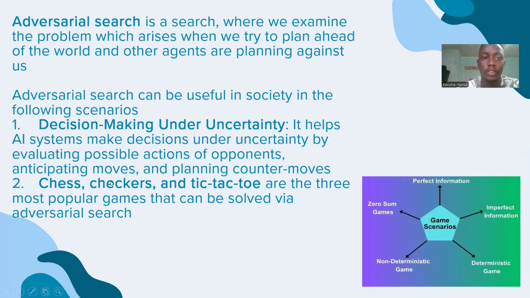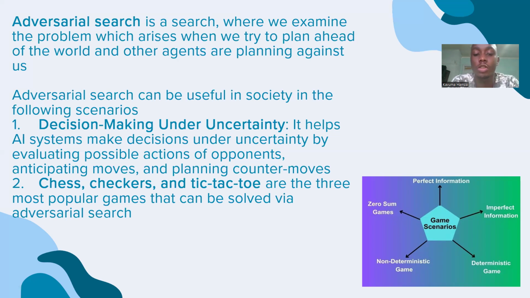So adversarial search is a search type where a problem arises when we try to plan ahead in a world where other agents are planning against us. Adversarial search can be used in society in the following scenarios, such as decision making under uncertainty, which helps AI systems make decisions under uncertainty by evaluating possible actions of opponents using tree searches and tree graphs.